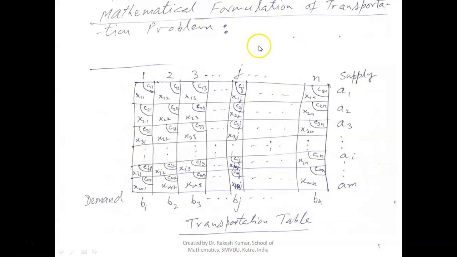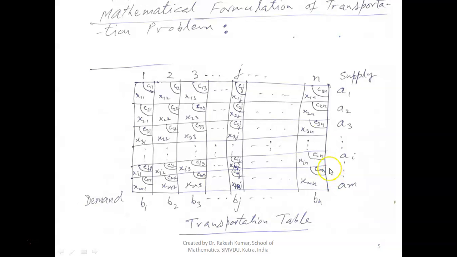So this constitutes my whole transportation table, and as mentioned in the assumptions, the sum of A1, A2 up to Am should be equal to the sum of B1, B2 up to Bn.